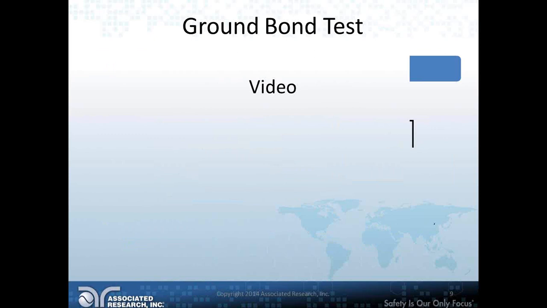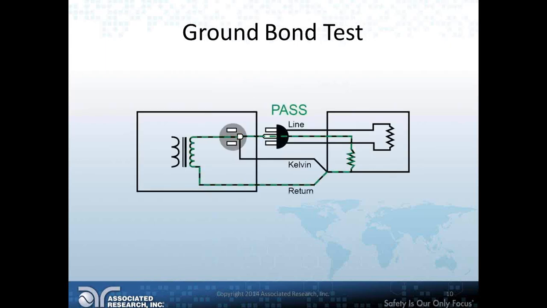Next we're going to look at another circuit for the ground bond test, and here is what I just talked about, how the high current is being injected. You can see the dashed green line showing the high current being injected into the DUT's ground pin from the line cord.